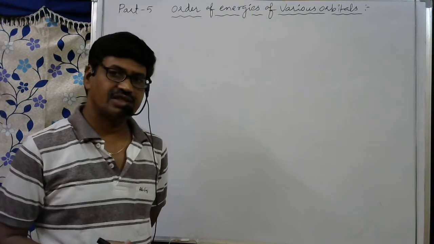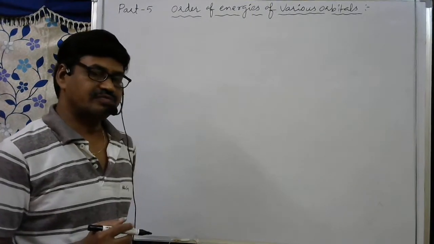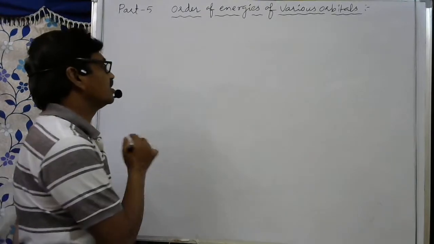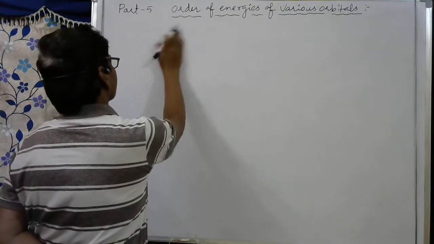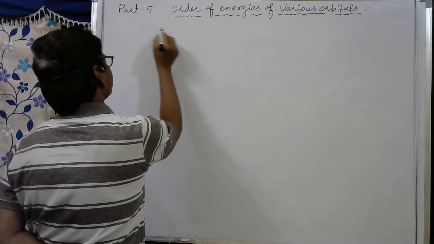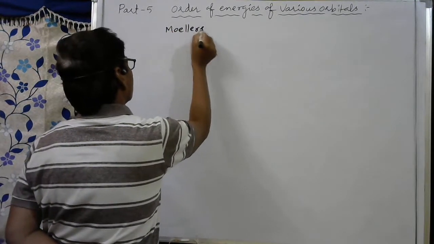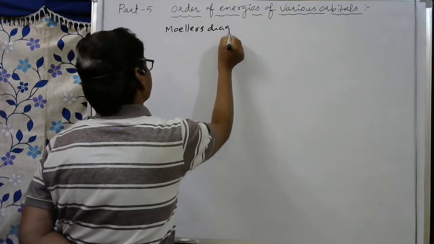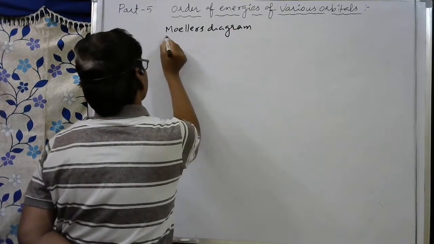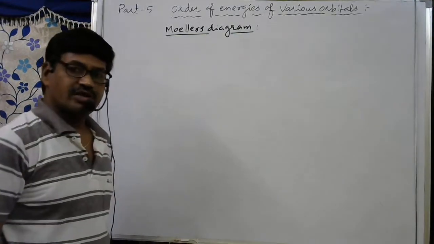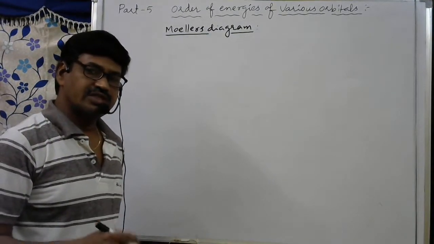For this, we can take the first diagram, which is nothing but Euler's diagram. See here, I am writing Euler's diagram. On this basis, in previous classes we discussed that the number of orbitals present in a given shell is equal to its shell number.